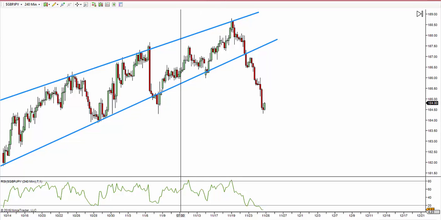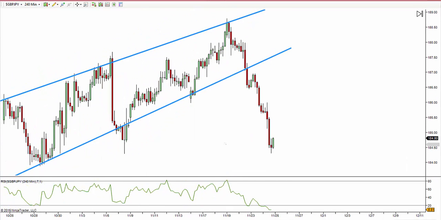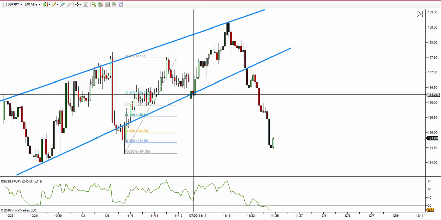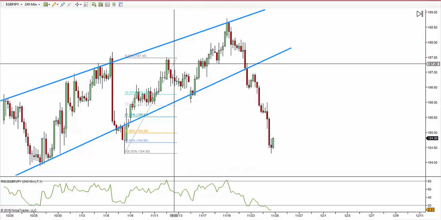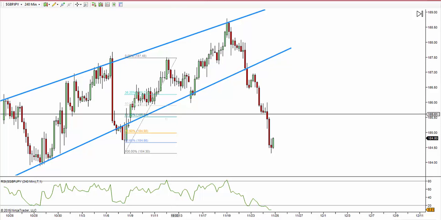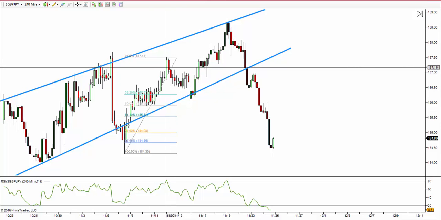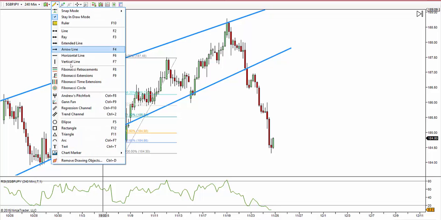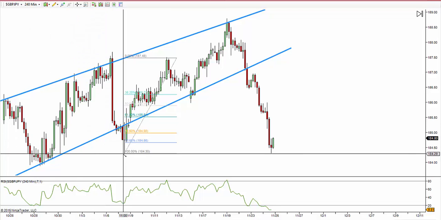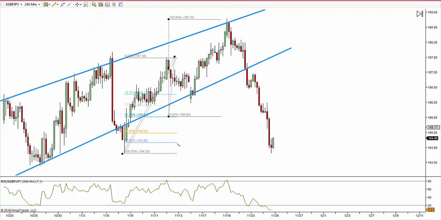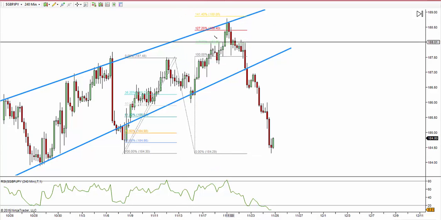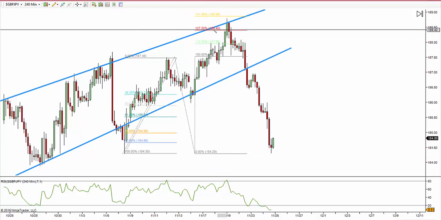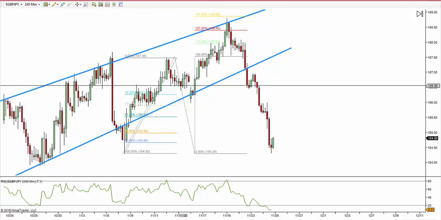Now within here we have another pattern, and I eyeballed this a while back, X to A, moving down into 38.2% Fibonacci retracement level. That meets our requirements for a Cypher pattern. So if I grab the Fibonacci Extension tool and we go swing low to swing high and back down, and price comes up and touches the 127, it's what we need for our Cypher.